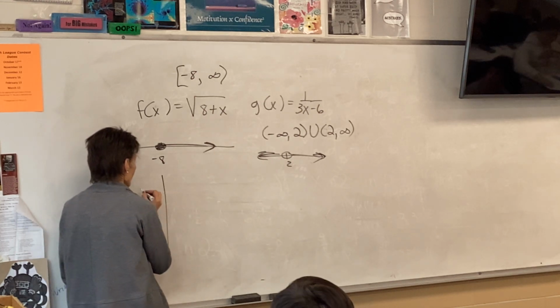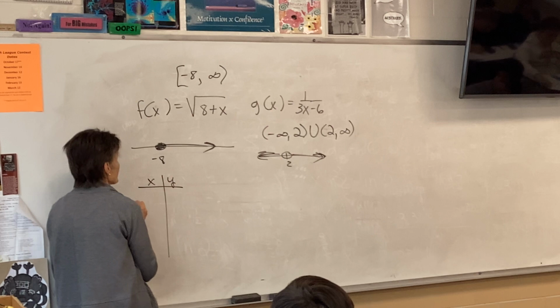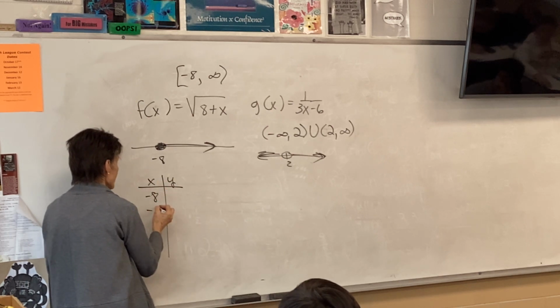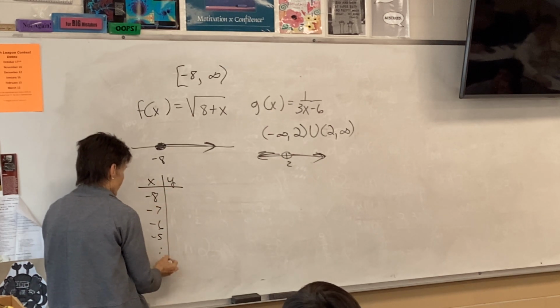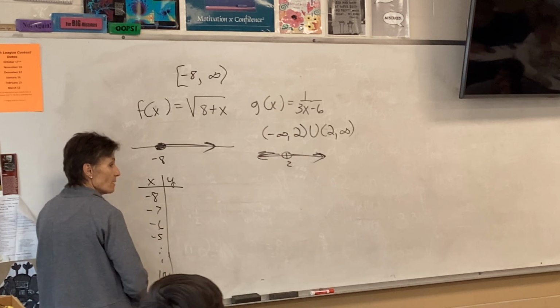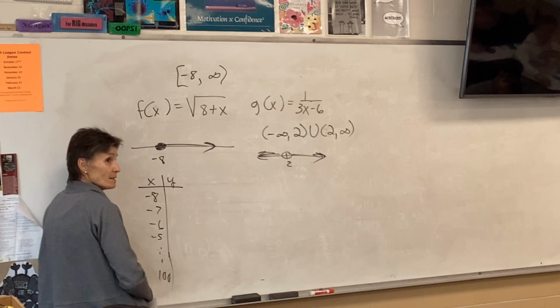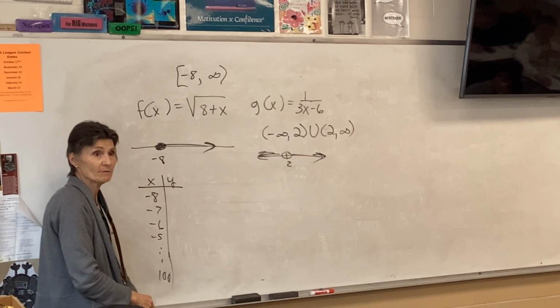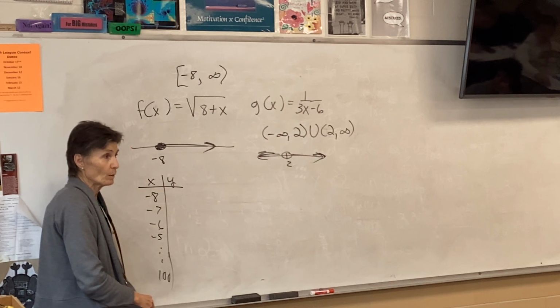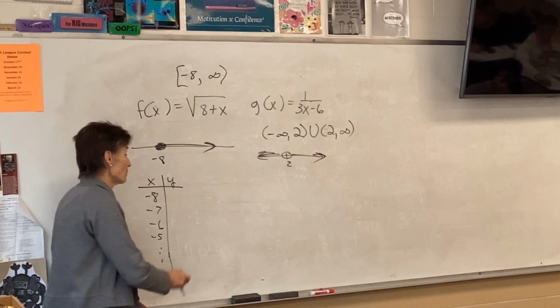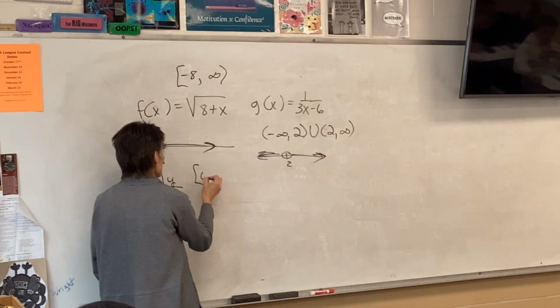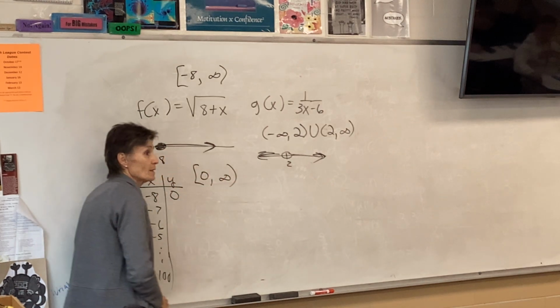Think about if we're going to graph this thing, and we know we're plugging in these numbers. Tell me about the outputs. Positive. Aren't they all going to be positive? Starting where? Starting with 0. So your range is 0 to infinity.